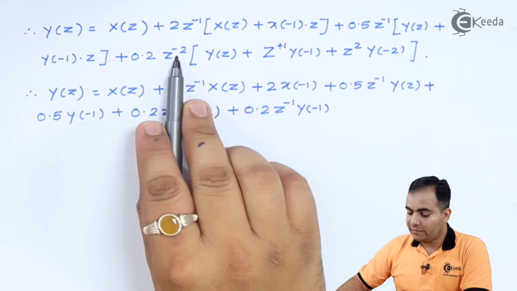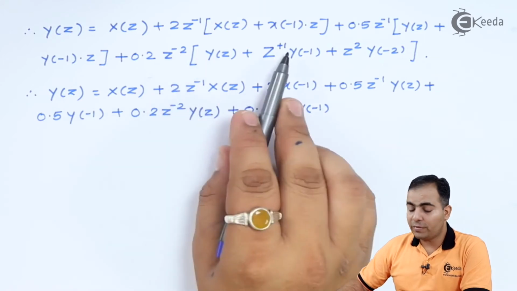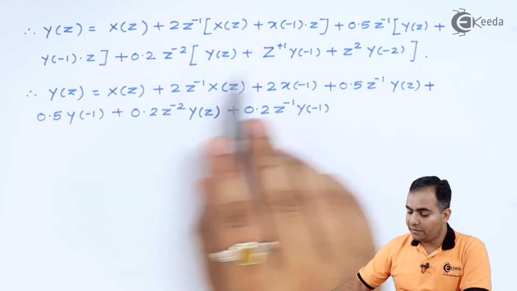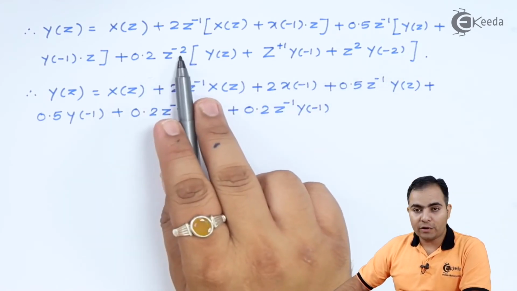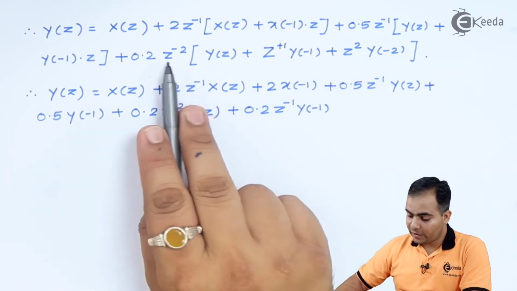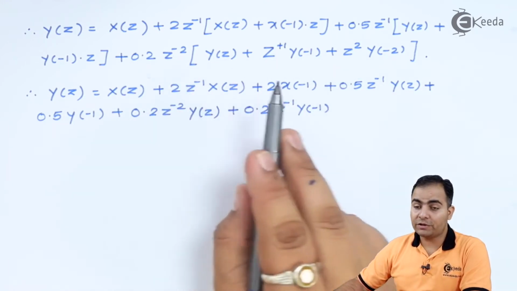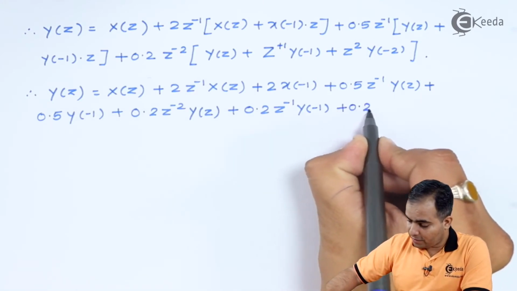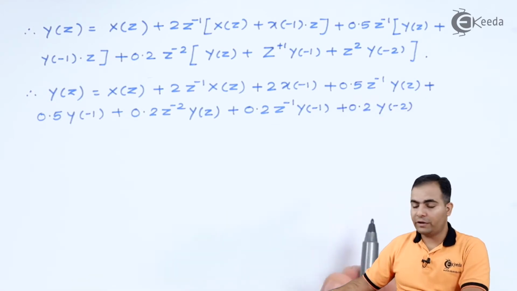As I said, here the order is minus 2 and here the power is plus 1. So minus 2 plus 1 is minus 1. That's why I've written z to the power minus 1. Now if I multiply this 0.2 z to the power minus 2 with this one, z to the power minus 2 into z to the power plus 2, the bases are same, so powers always get added. So 2 minus 2 becomes 0, so z to the power 0 is always 1. After multiplying, you will get 0.2 into y of minus 2.